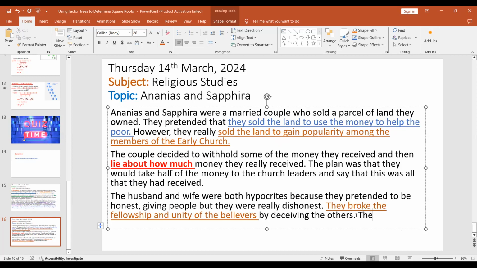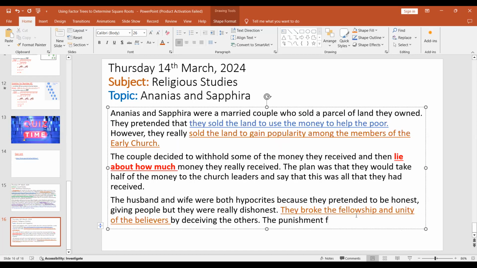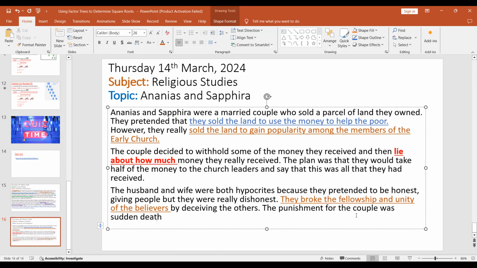The punishment for the couple was what? Sudden death. So they died, right?